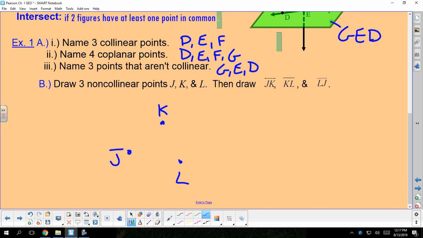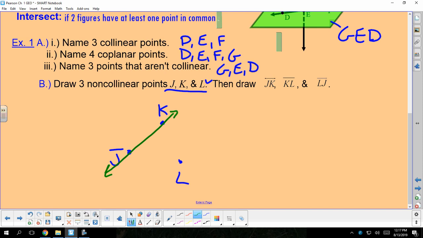Done. So draw JK. There we go. This is a line.